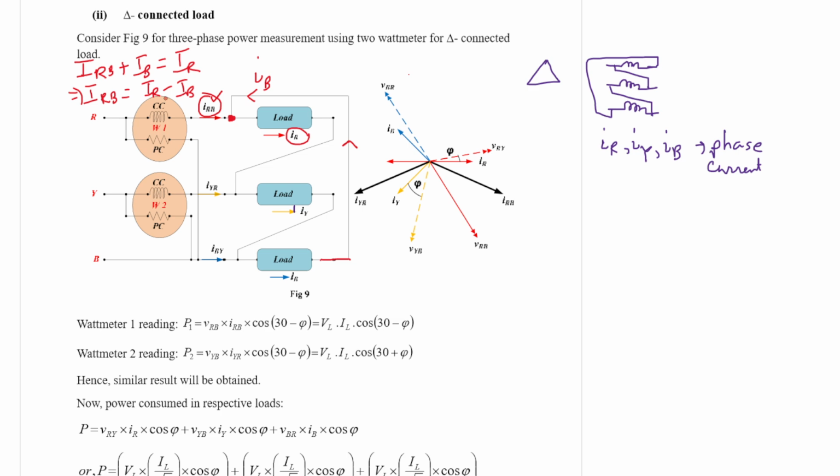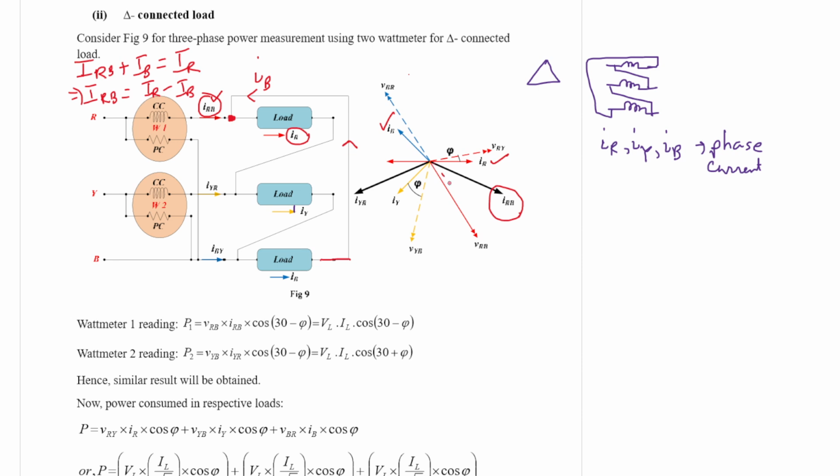Applying the same principle that we used for the voltage phasor diagram in the case of a star network, we will evaluate IRB. This phasor is IR, this phasor is IB.